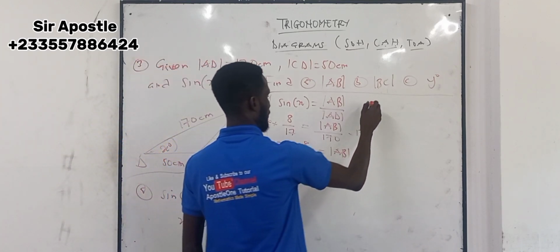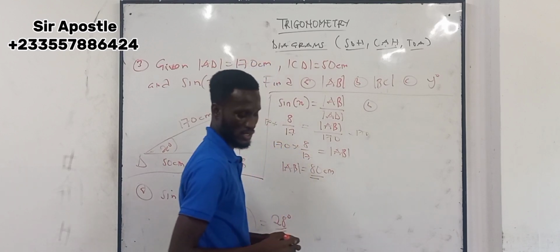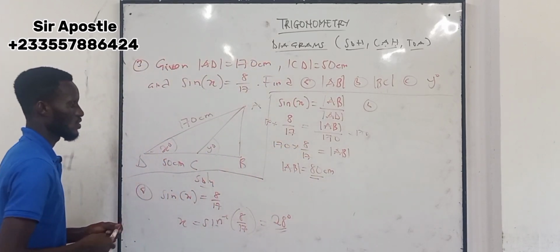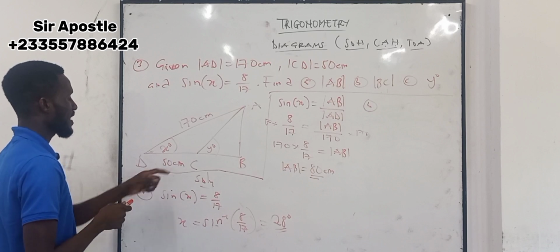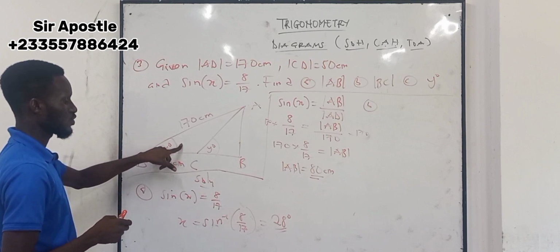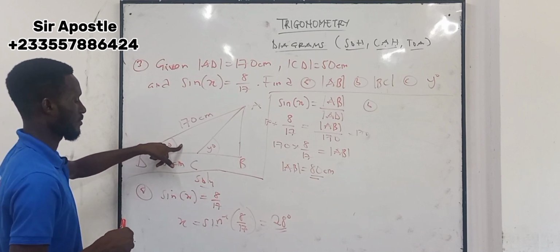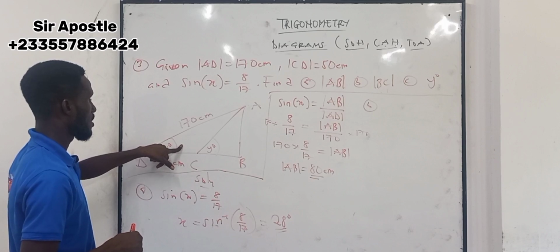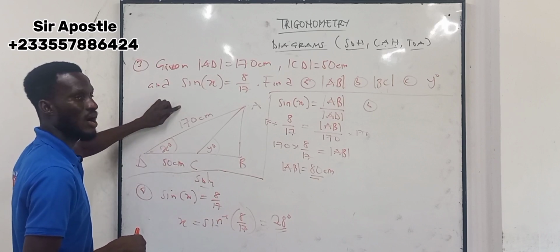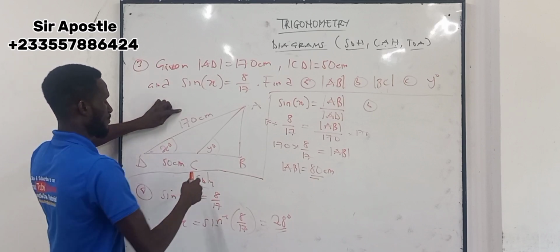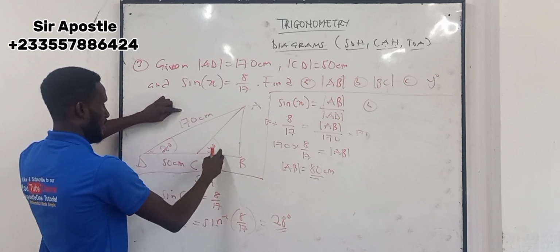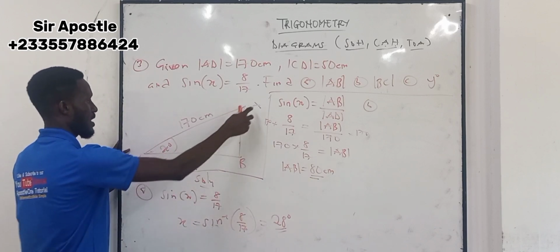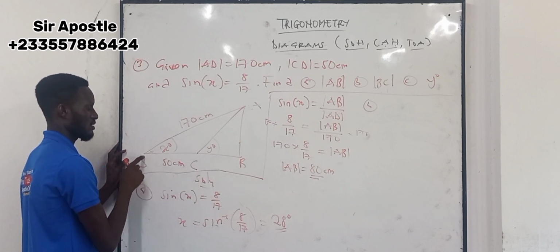Now I want to solve for BC. Now we know this angle to be 28. I'm talking about the bigger triangle, ABD.